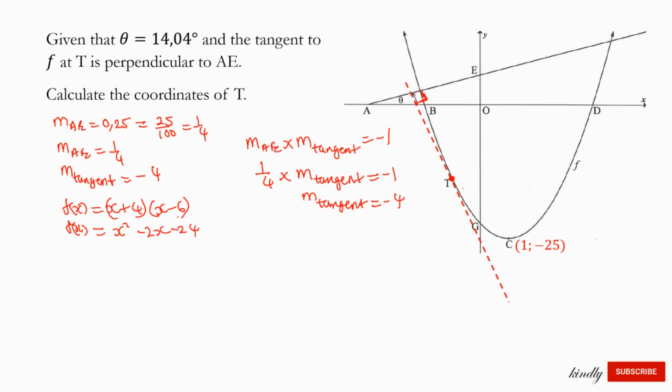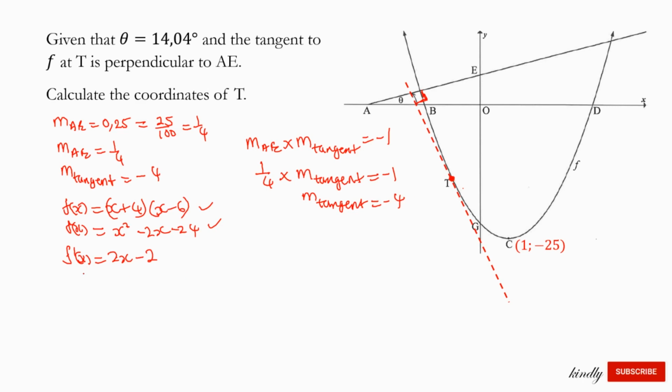We did this in questions 7.1 and 7.2. Now let's differentiate this. f prime of x is equal to 2x minus 2, since the derivative of x squared is 2x. So this is the derivative of the function, and at T it is equal to negative 4, the gradient of the tangent.